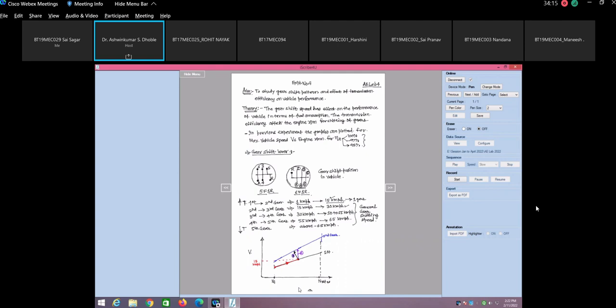Devesh is saying black line. Black line, okay.